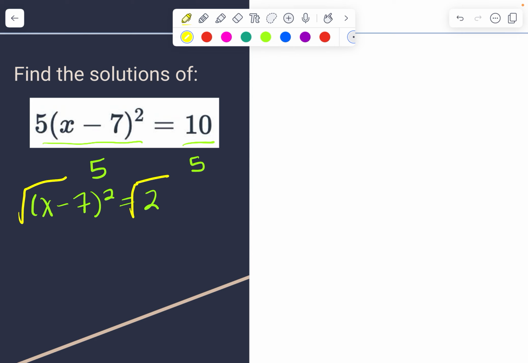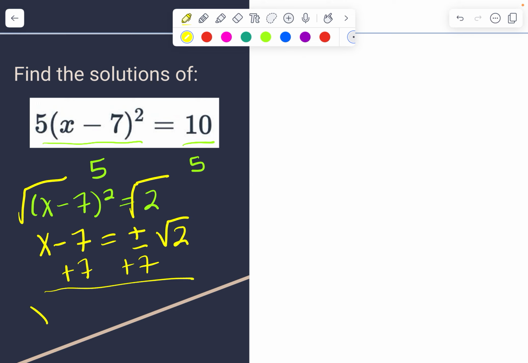So if I take the square root of both sides, now this just becomes x minus 7 equals plus and minus the square root of 2. We can't do anything with that square root of 2. The only factors of 2 are 1 and 2. 2 is prime. So now we just add 7. And our final answer is x equals 7 plus or minus the square root of 2.